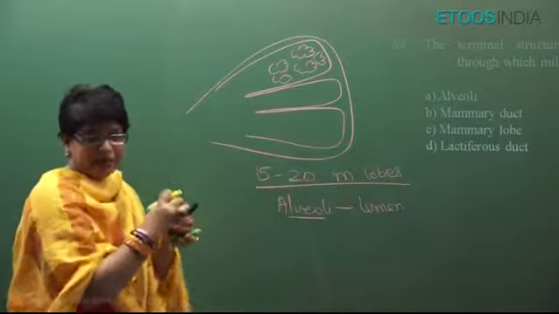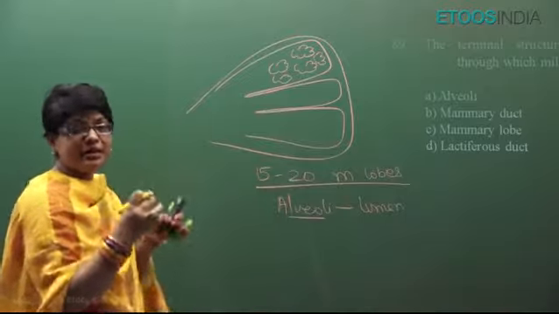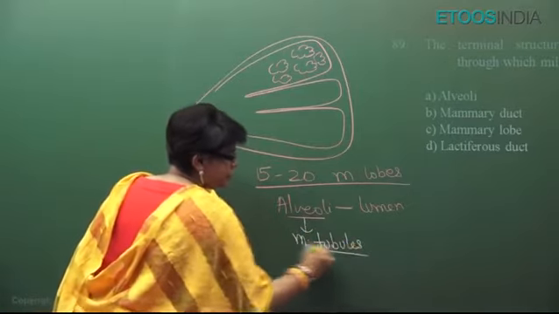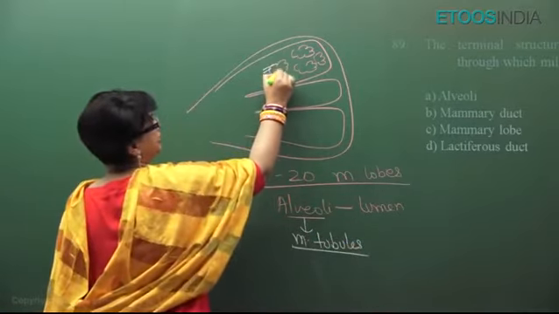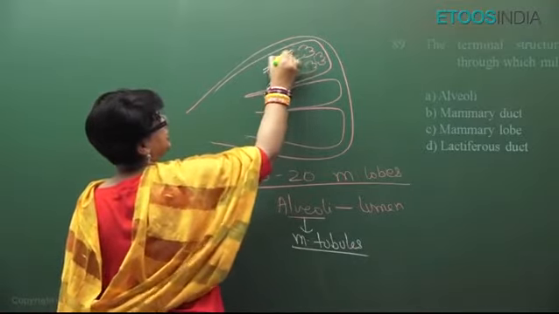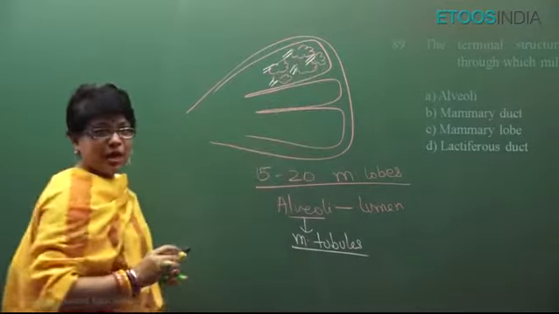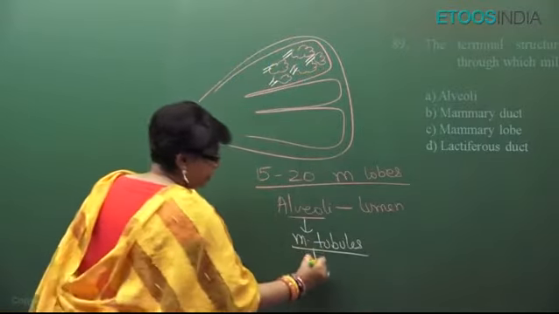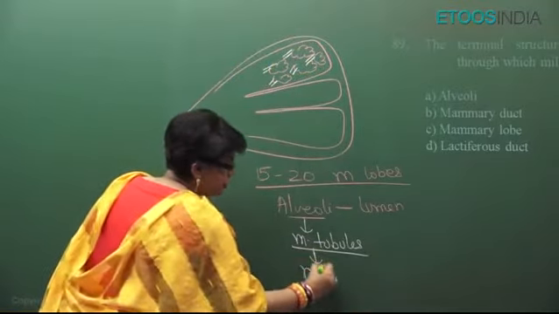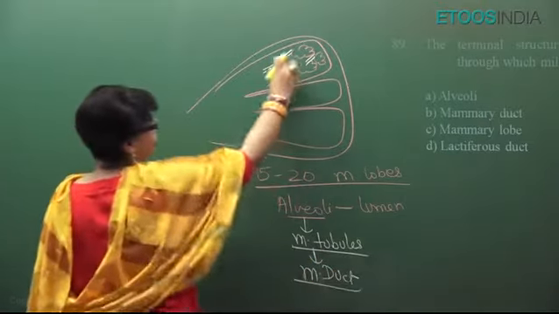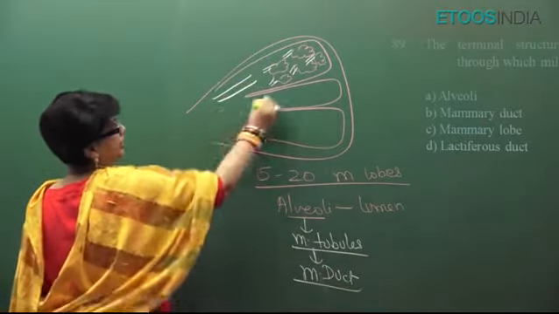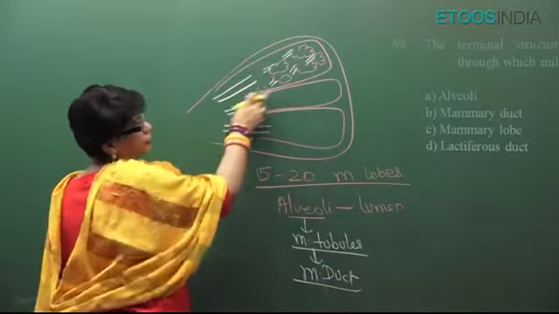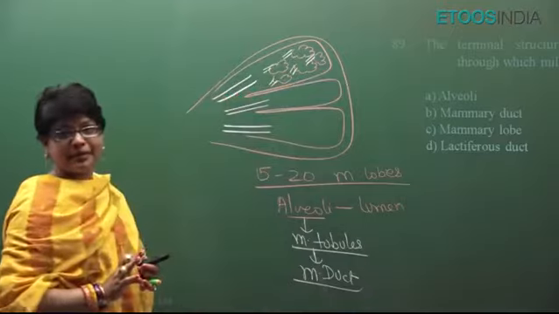Now, these alveoli will drain their milk into mammary tubules. So, there will be many mammary tubules like this. All the mammary tubules of one lobe will drain into a mammary duct. So, all these together form the mammary duct.